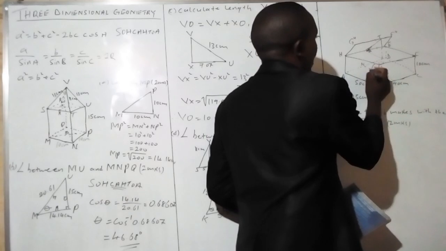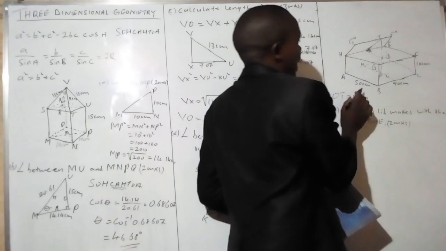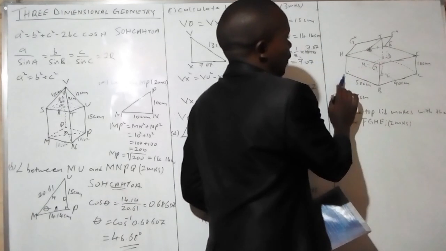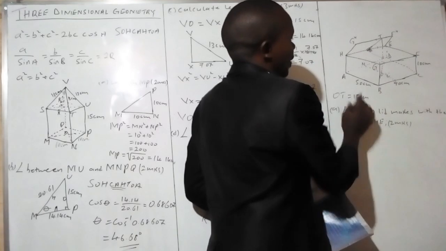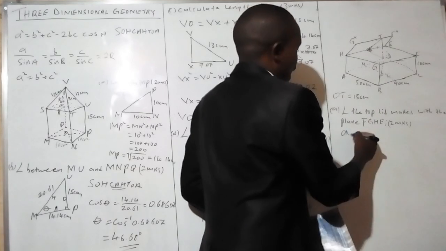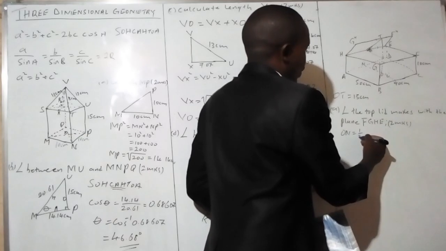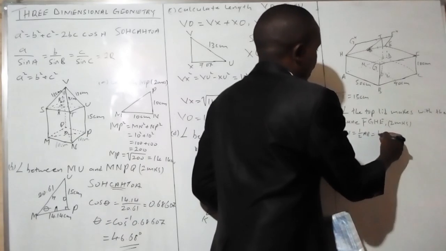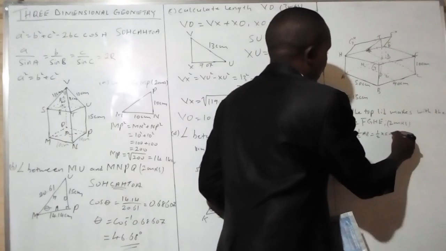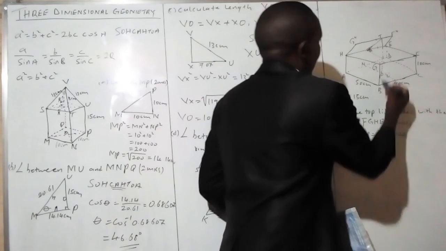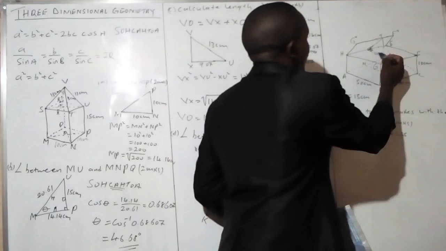ON is half of AB, but AB is 50. ON will be half times 50, which is 25 centimeters.